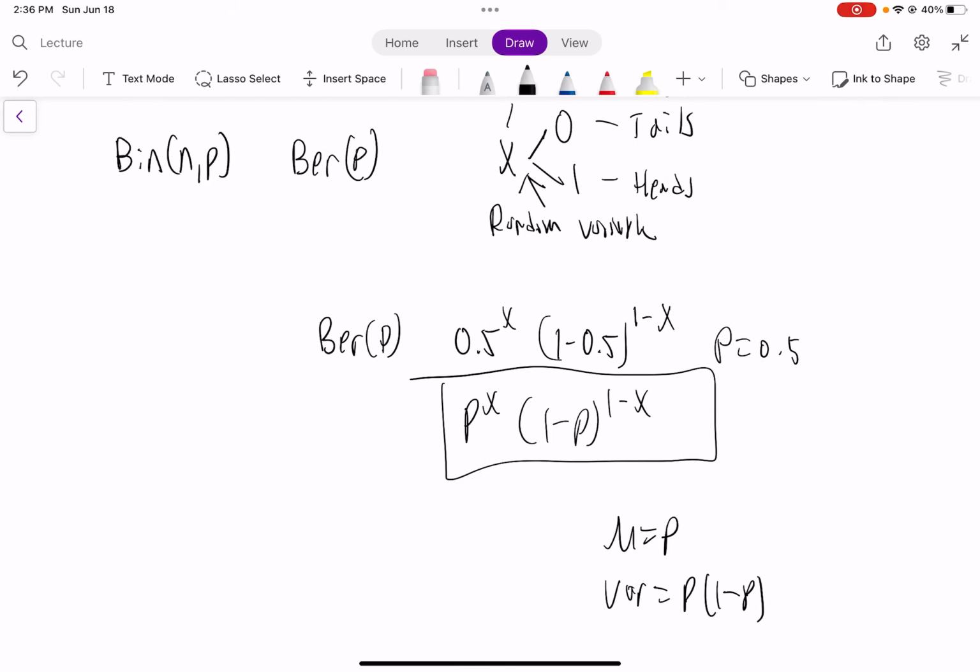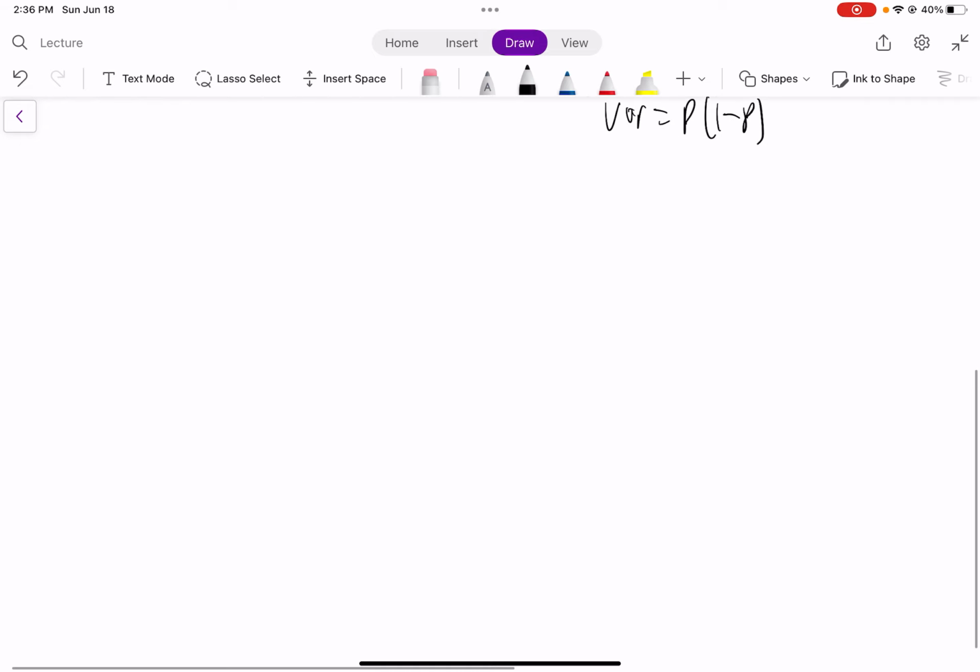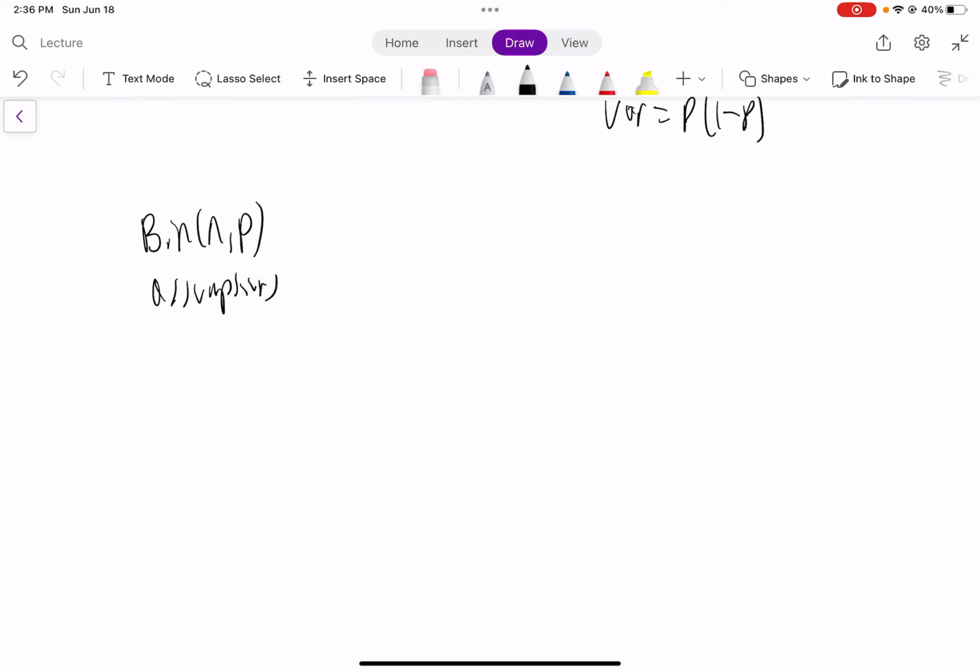Now, I gave the example of flipping coins, right? Flipping coins. So the binomial is n, p. We got to talk about the assumptions of the binomial real quick. So it's basically a repeated Bernoulli trial n times.